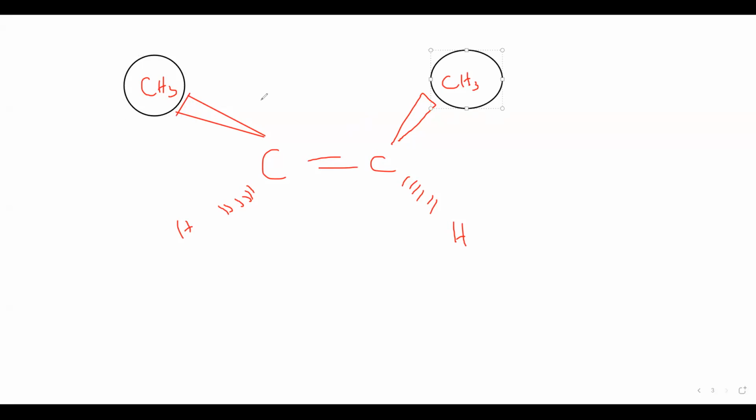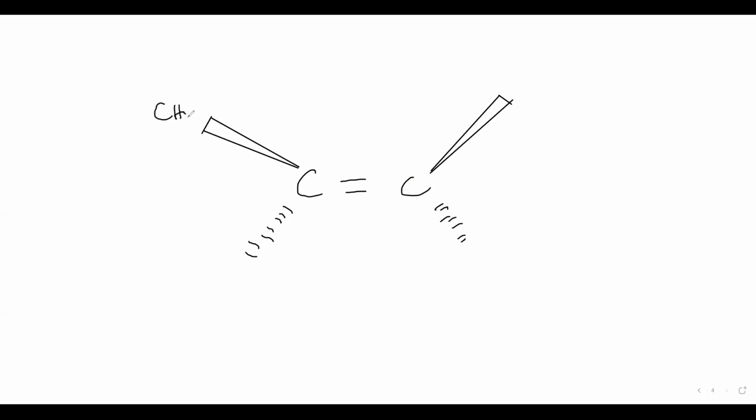So if the heavy groups are on the same side, then it means it is cis or Z. But if the heavy groups are on the opposite side, like C double bonded with C, so we have CH3, we have H, and here is H and CH3.